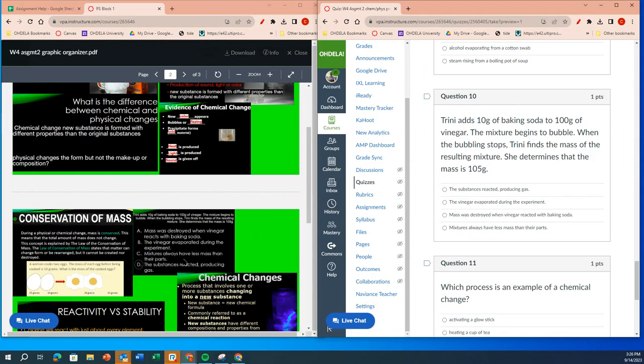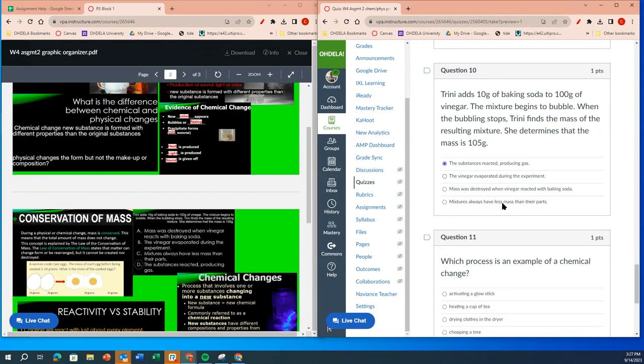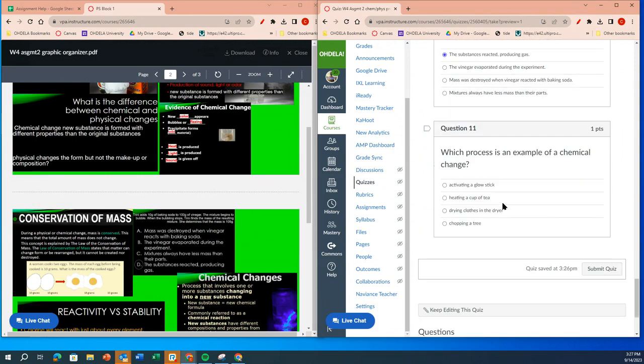So going from our conservation of mass, mass is conserved. That means it's saved. So it shows that mass is not conserved, but that's not a true statement, because the substance reacted and formed a gas, and we were able to capture the gas. So if we are able to capture the gas, that would work.